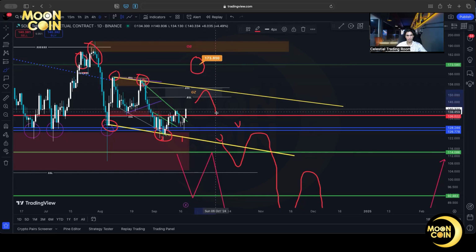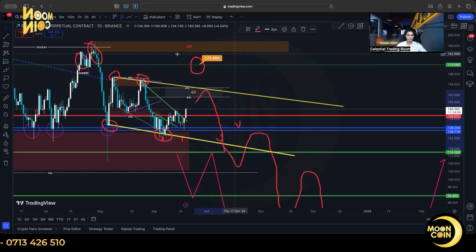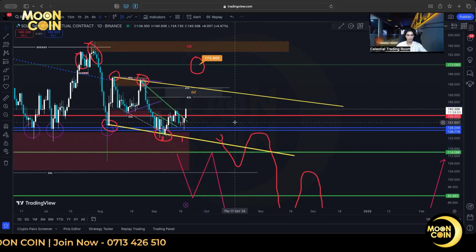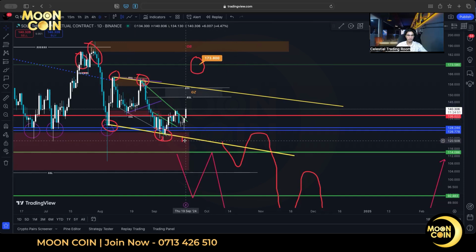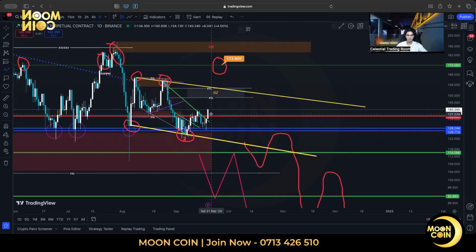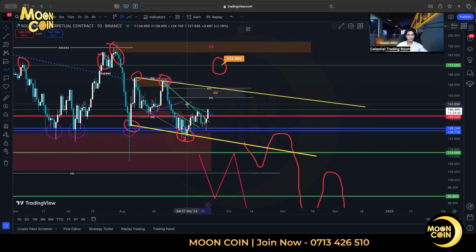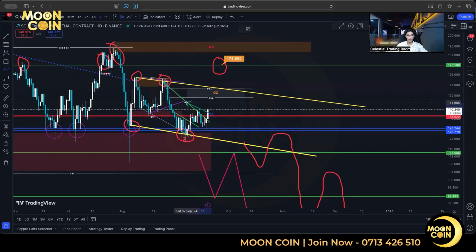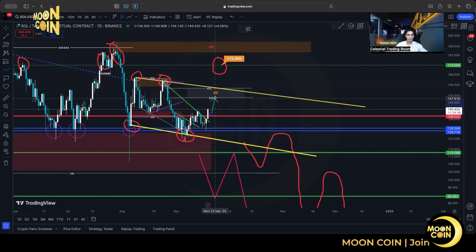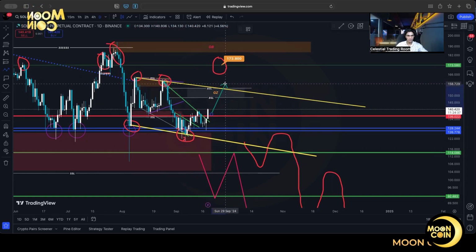Okay, like this. The first scenario is the market could go this way. Now it has broken the small trend line which was made in 1 hour and 2 hours, and the market is now heading to this.